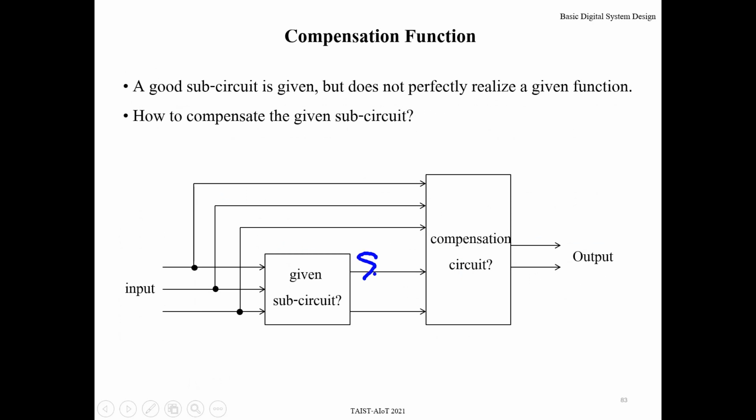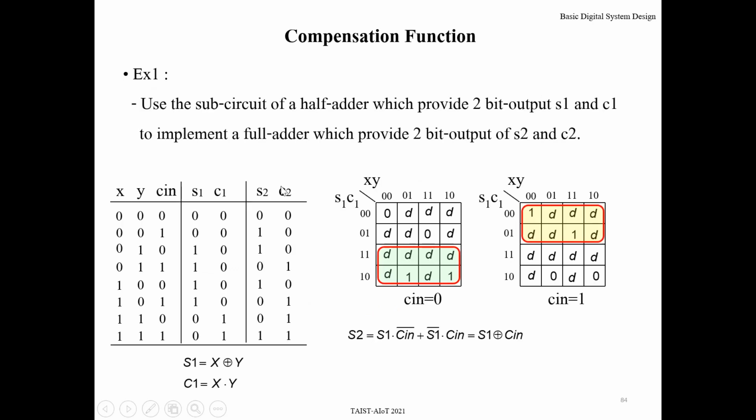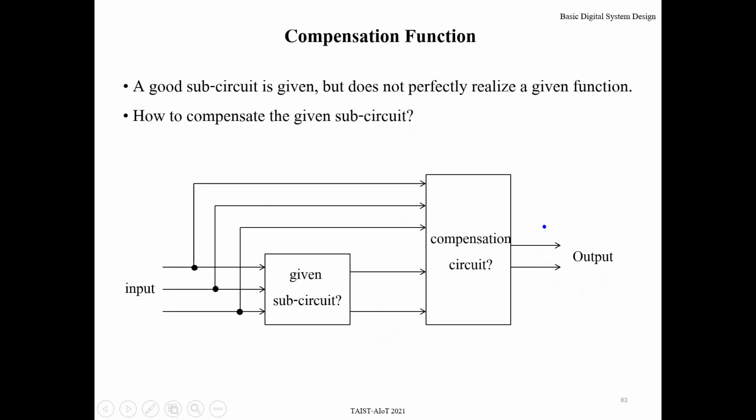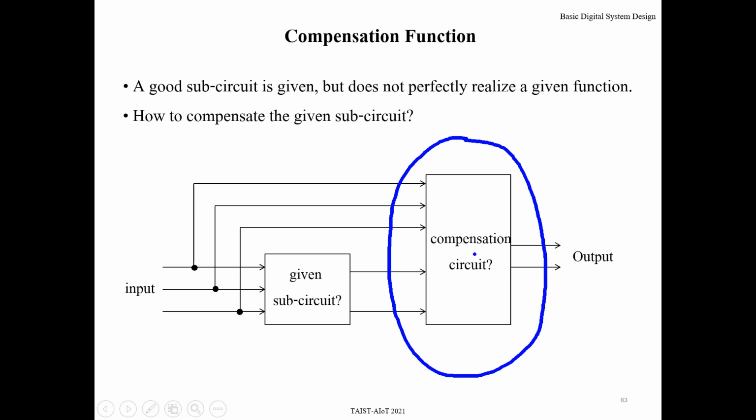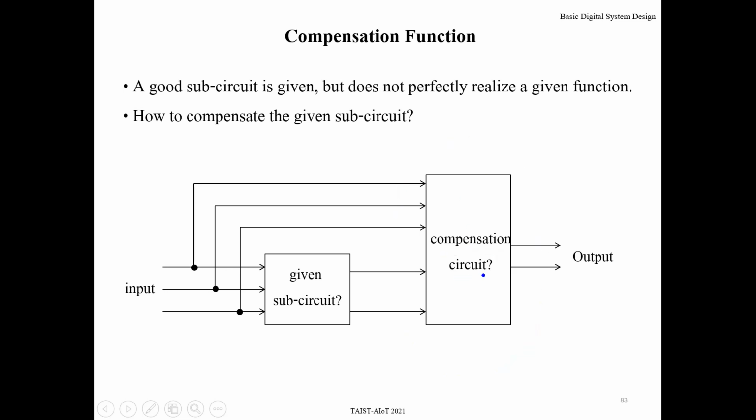The final result we treat as the full adder output, S2, C2. So I want to design this compensation circuit. What should I do?